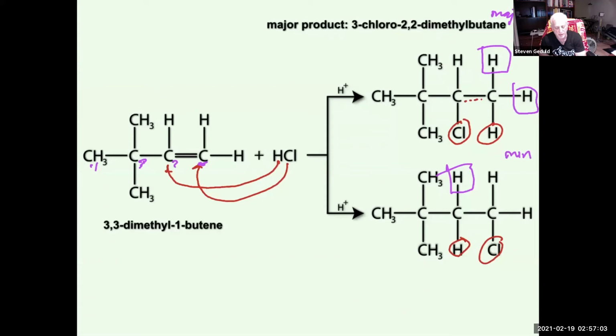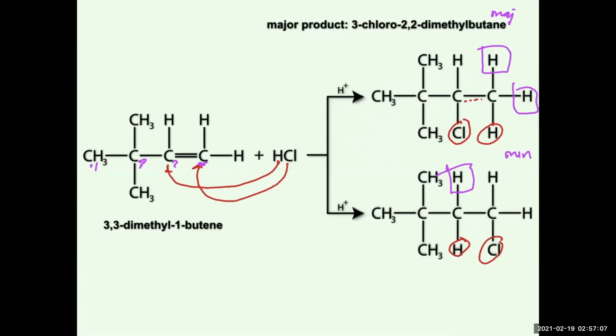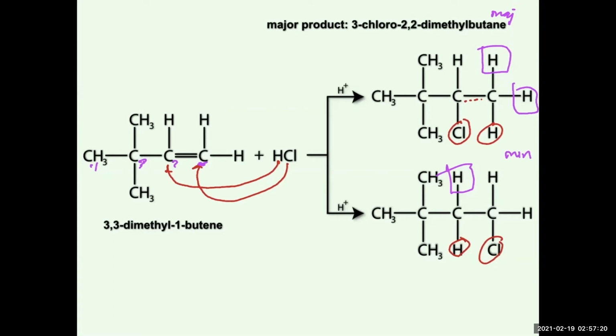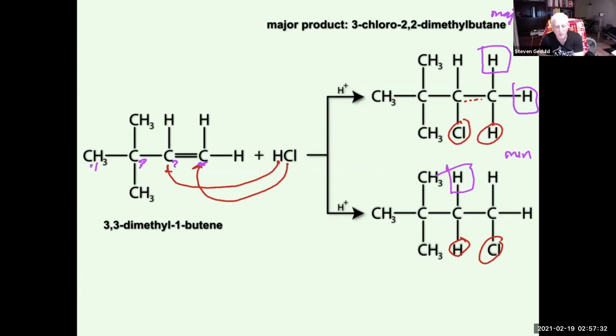The minor product is going to be what? Remember, you're going to switch back again now. 4-chloro 2,2-dimethyl butane. If you're numbering left to right, well, now we're not.